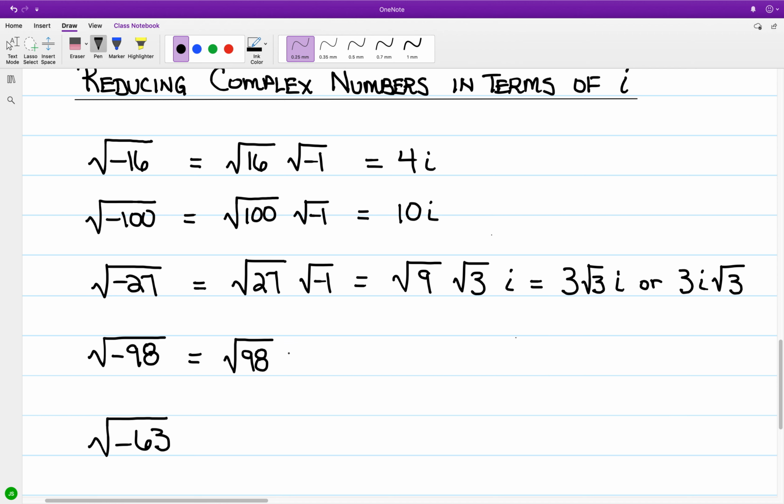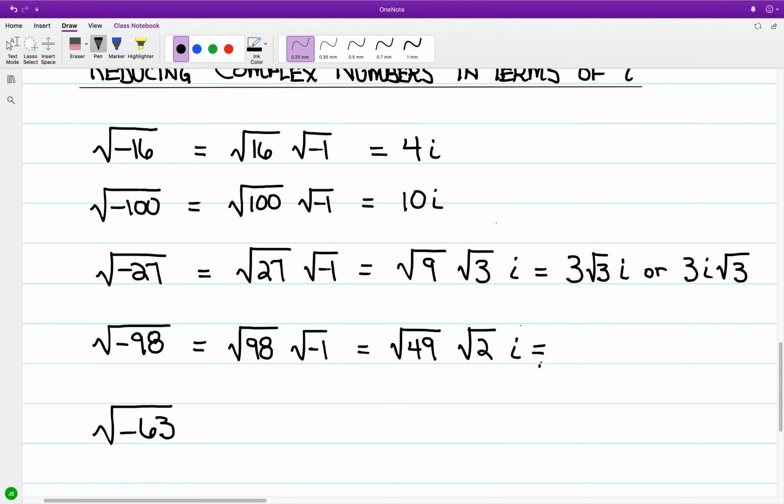We have the square root of -98. If we factor out gradually, we have the square root of 98 times the square root of -1. The highest perfect square divisible into 98 is 49, so we have the square root of 49 times the square root of 2, and the square root of -1 goes to i.